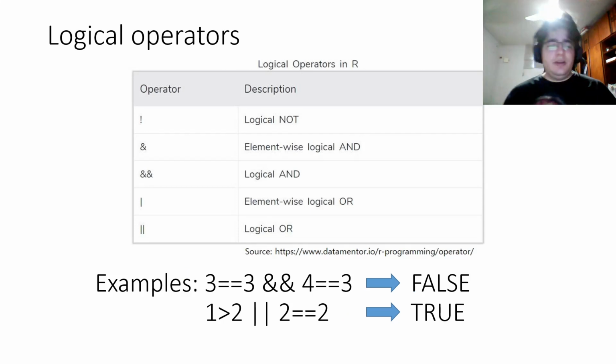Okay, then we have logical operators. We have the exclamation sign, which means logical not, and we have the logical and, which is the ampersand symbol 2 times, and the logical or, which is this symbol that I don't know the name of, 2 times.